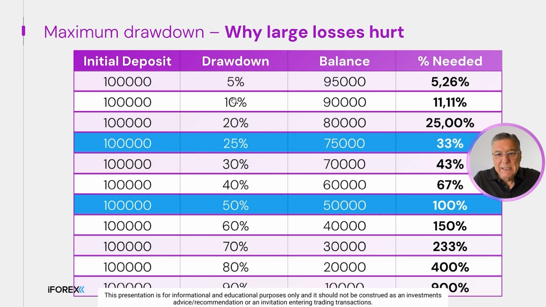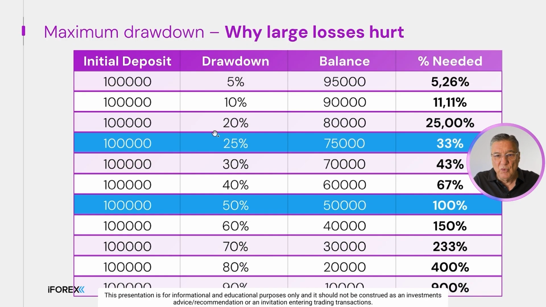So now let's say that we lost 10% and we are left with 90,000 as a balance. Now, we need 11.11% of the balance so we can break even. Can we achieve that? Maybe.